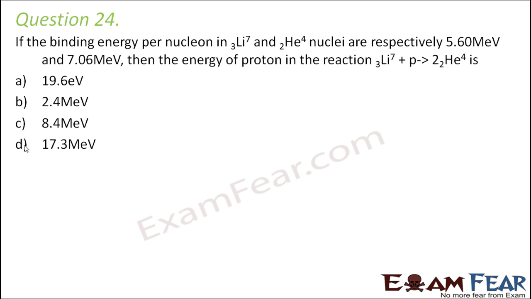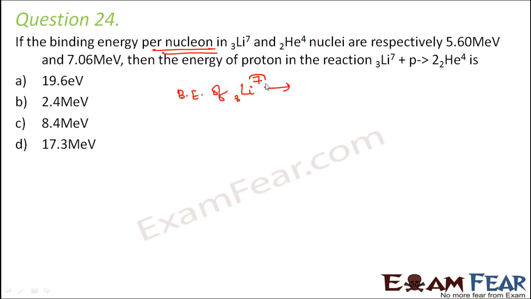Question number 24. If the binding energy per nucleon in lithium and helium nuclei are respectively 5.60 mega electron volt and 7.06 mega electron volt, then the energy of proton in the reaction is. Let us first calculate the binding energy of lithium, because the binding energy given in the question is per nucleon.